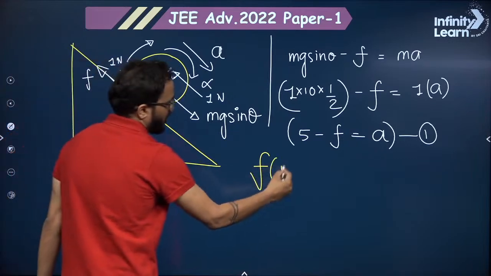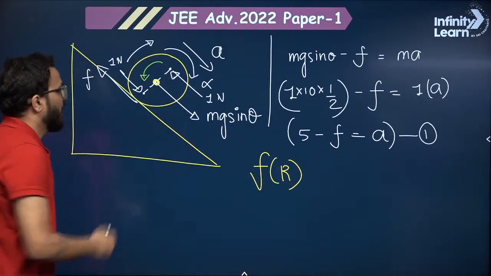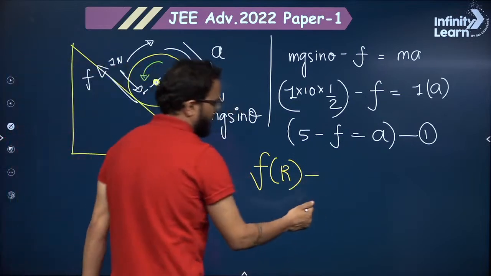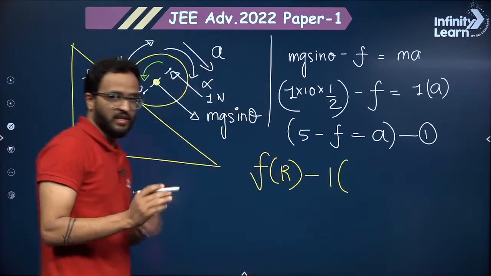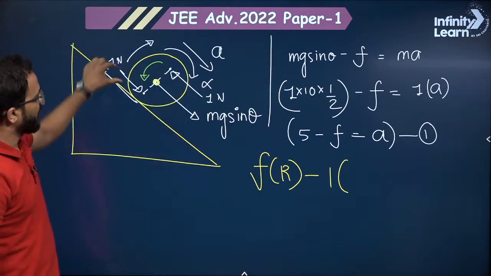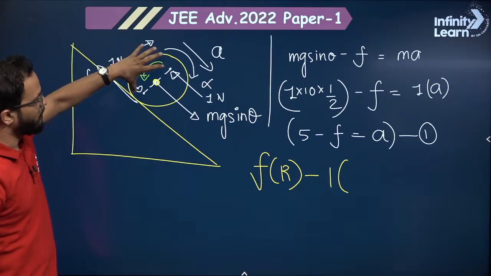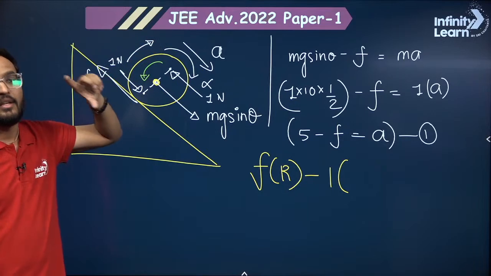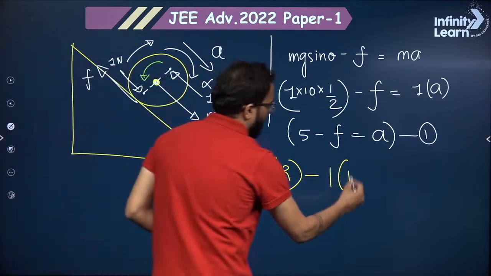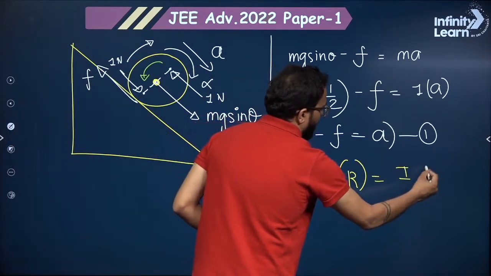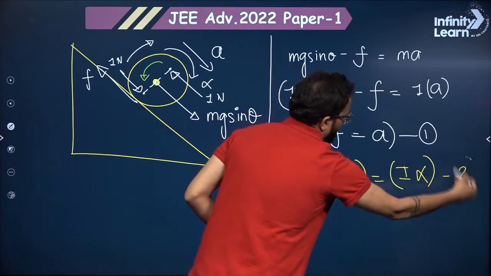R, right? F into R. And what about these forces? So minus 1 into, whenever there is a couple, the torque is the magnitude of the force multiplied by the distance between them. And what is the distance? Small r plus small r, right? Capital R only, okay, and capital R is 1, is I alpha. So this is the second equation.